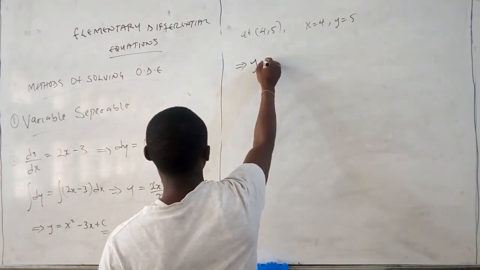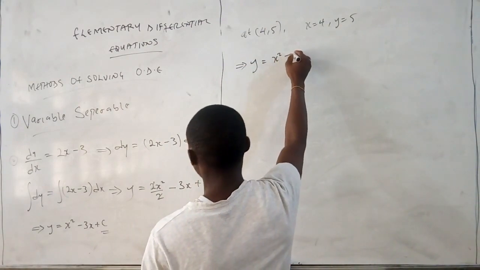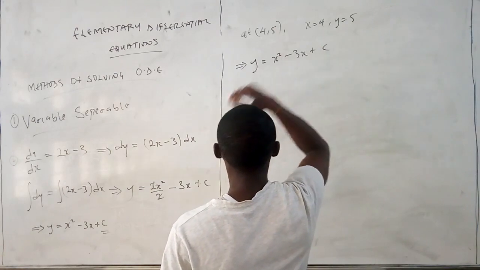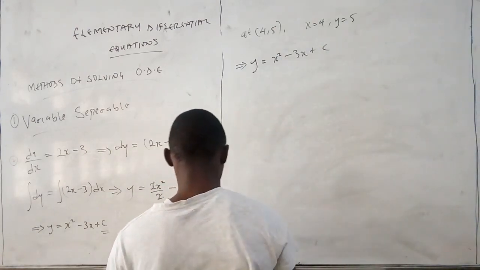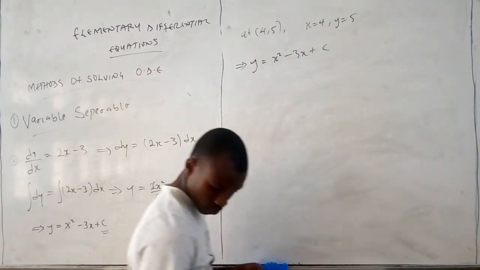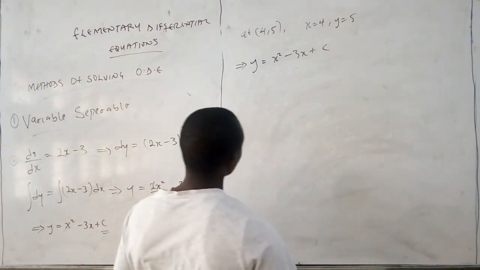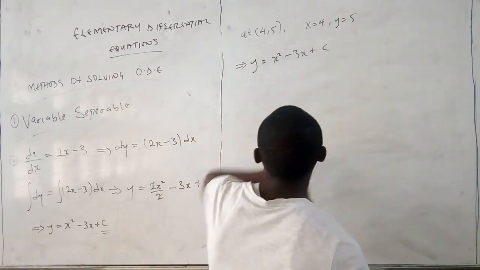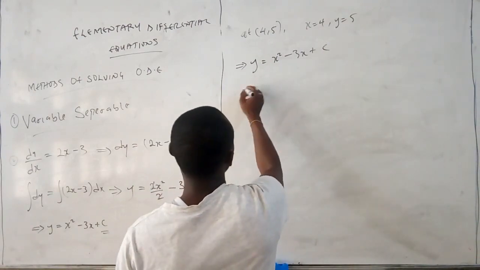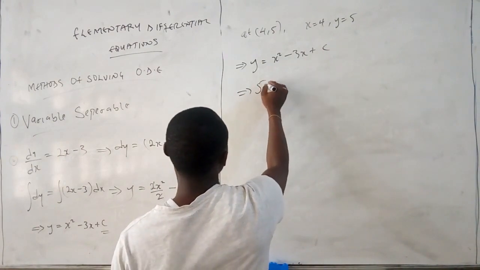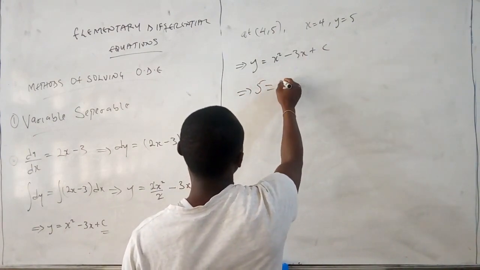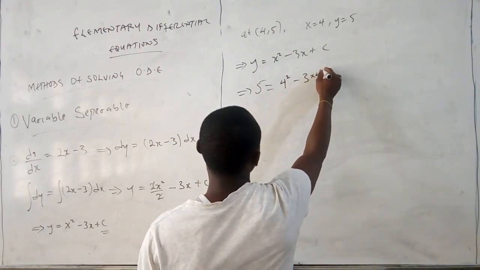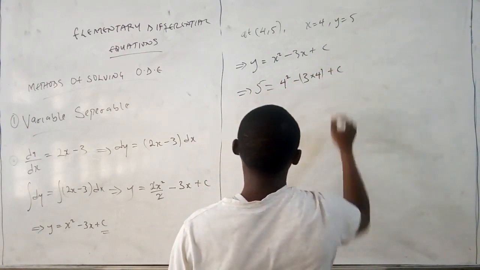So our equation is y is equal to x squared minus 3x plus c. Your y is 5. Your x is 4 minus 3 times 4 plus c.